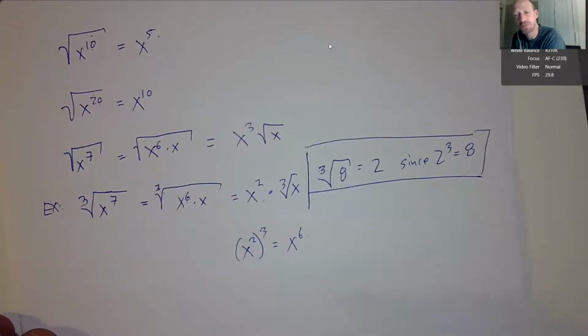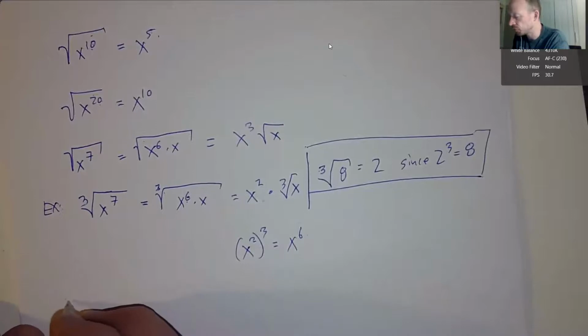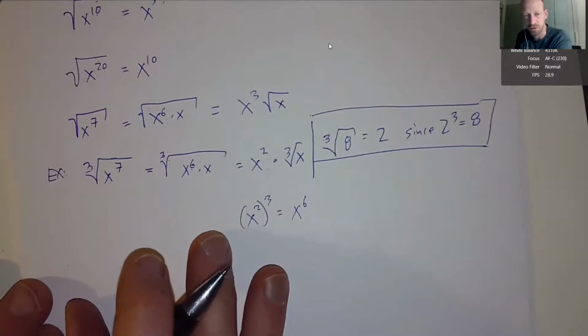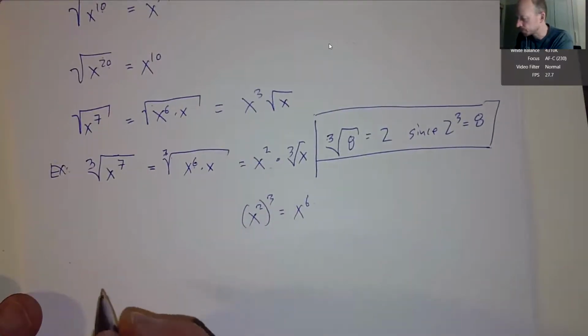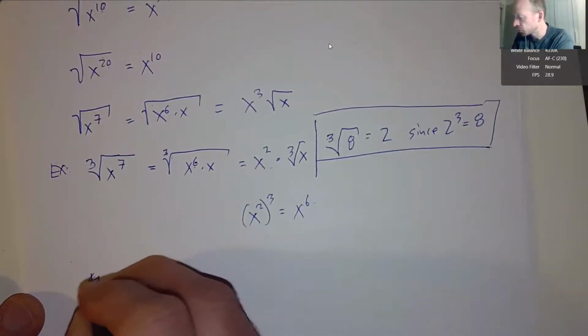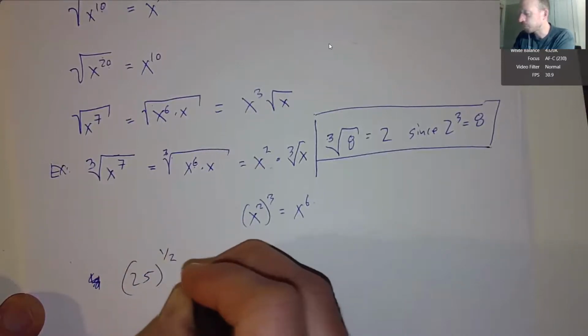What we're actually doing is developing a definition of what's called a rational exponent, in reverse here. What do you think 25 to the 1/2 power is?